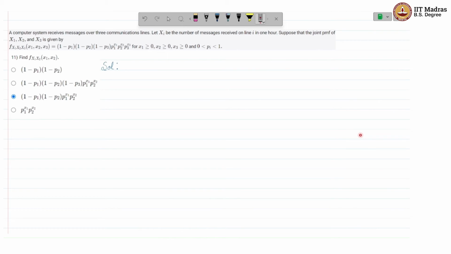Now for finding the joint PMF of x1 and x2, we'll sum the probabilities of all x1, x2, and x3 pairs where x1 and x2 are constant and x3 takes different values. So this will be equal to summation x3 is 0 to infinity.